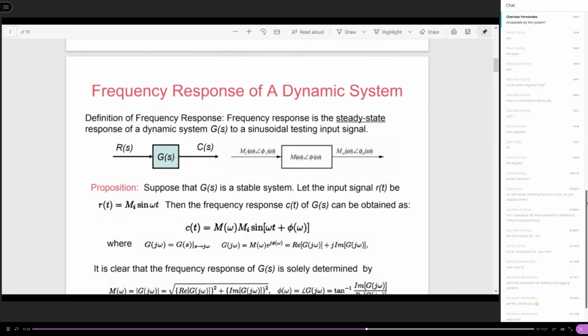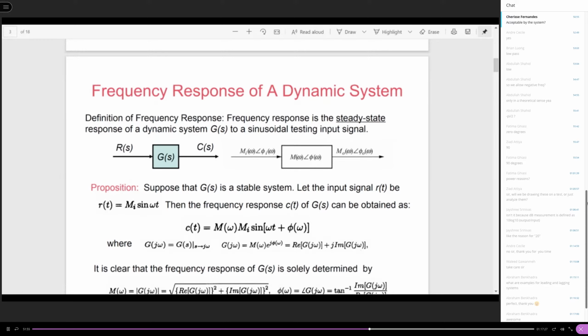Here you just need to understand that the system could block certain kinds of frequency signals because the magnitude M of omega could be very small. If the magnitude is small, I don't care about the phase, because the magnitude is so small that the signal is already useless to me.